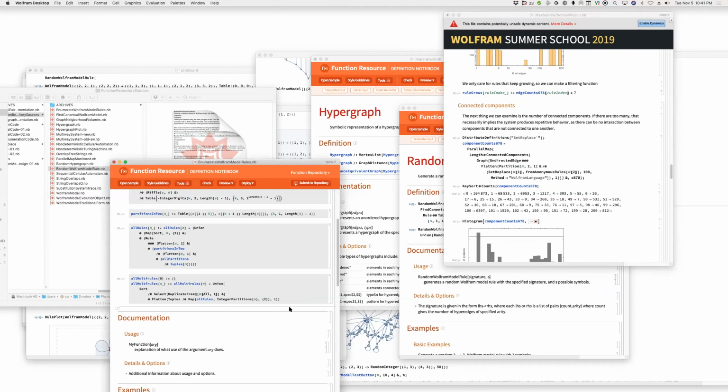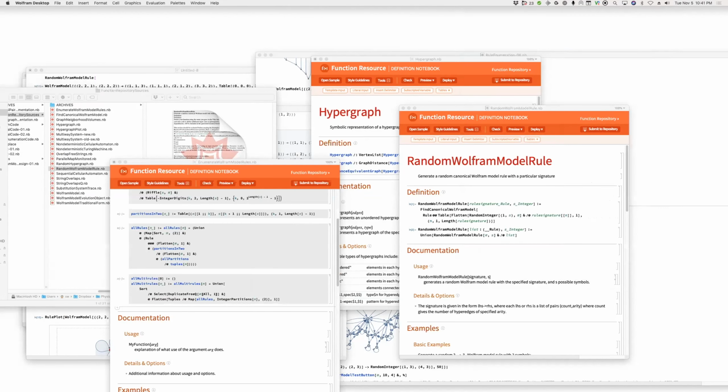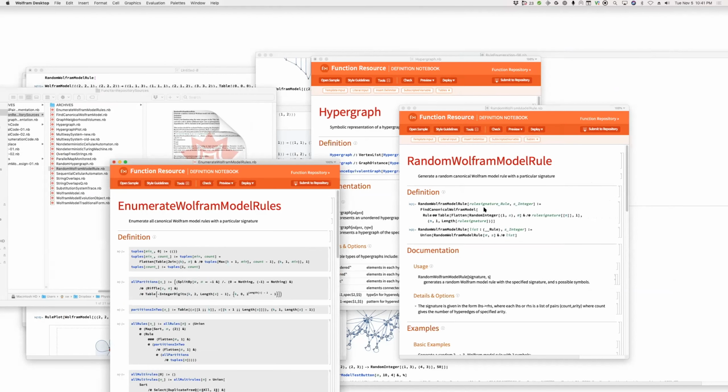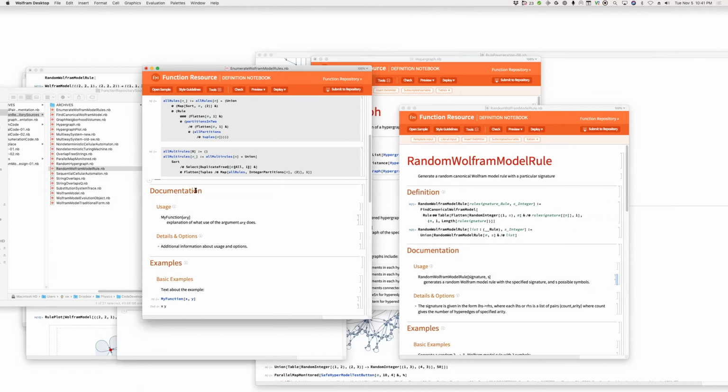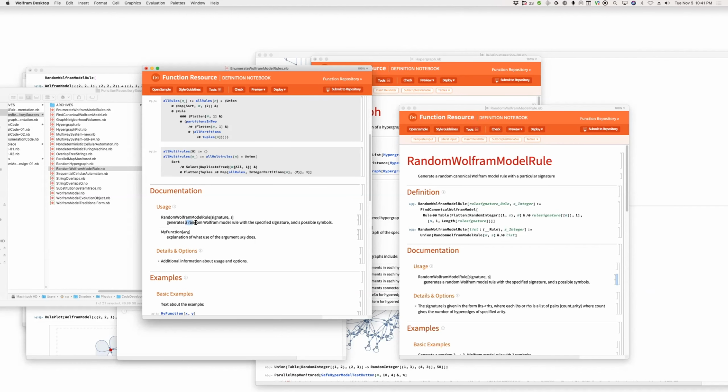Okay, well, my code does do that, but it only does it for arity 2. That's the objective there.